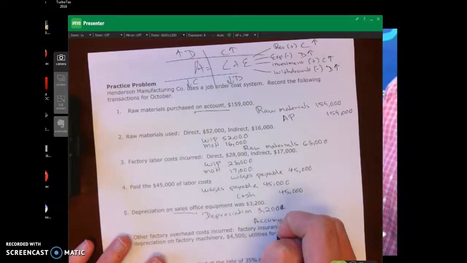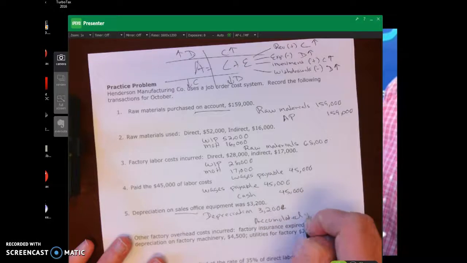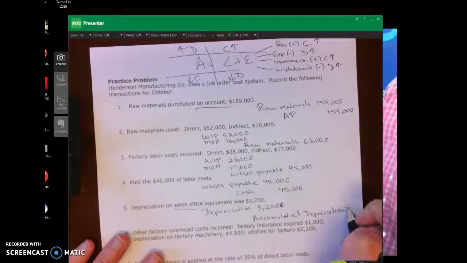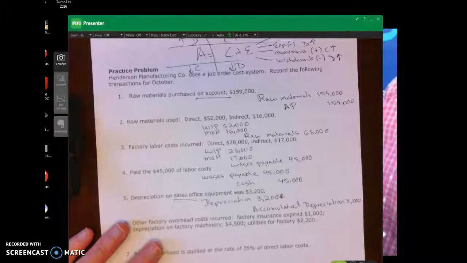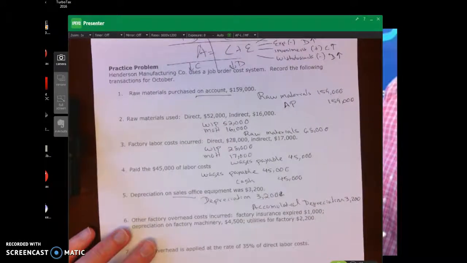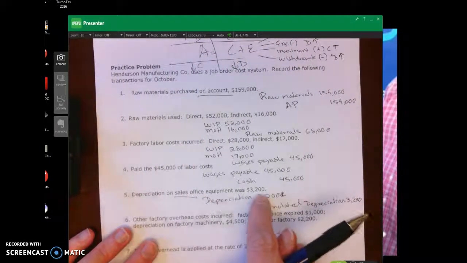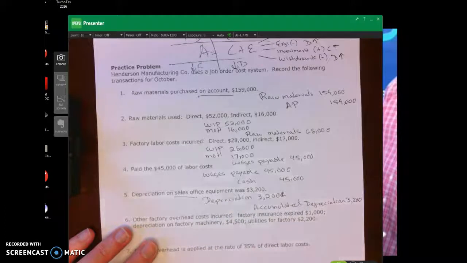Accumulated depreciation is a contra asset account. You take the original cost of the asset minus the accumulated depreciation, and that gives you the book value of the asset. The important thing here is this does not go to manufacturing overhead, because it's a period cost.